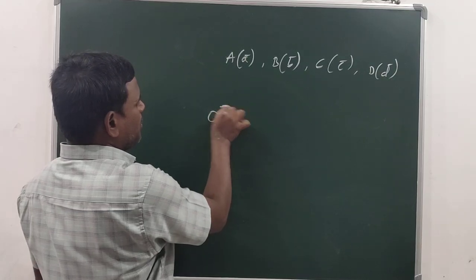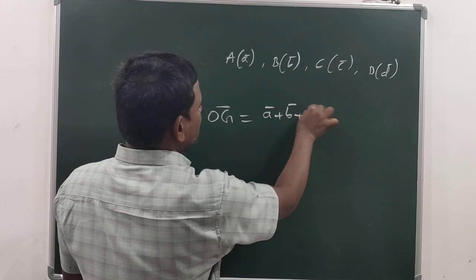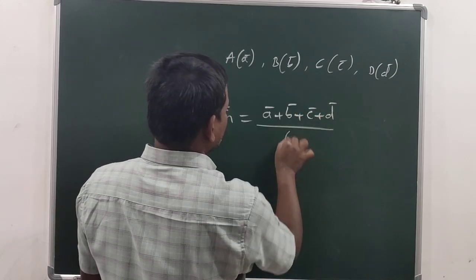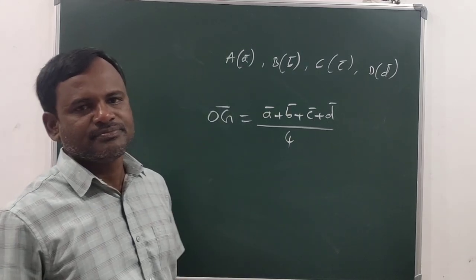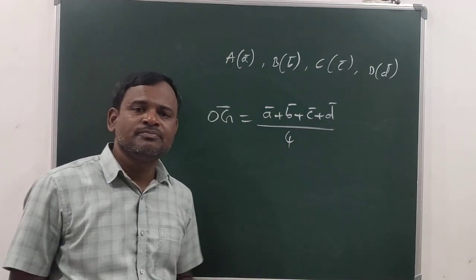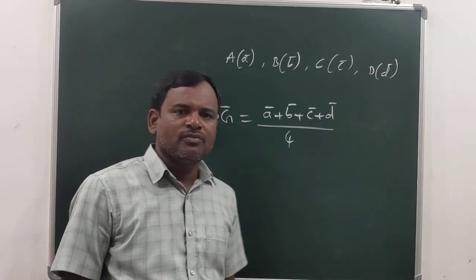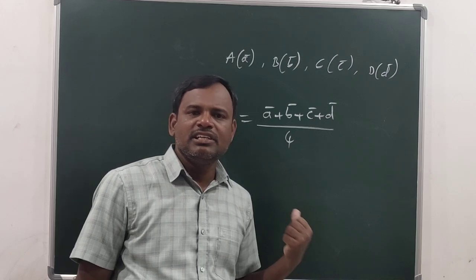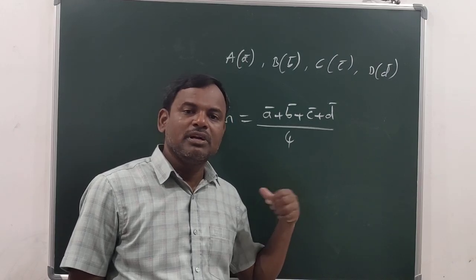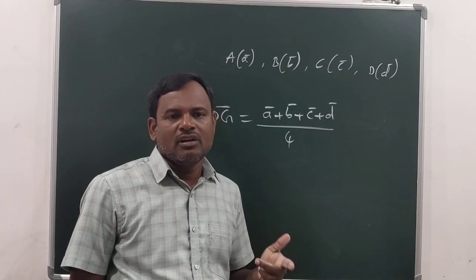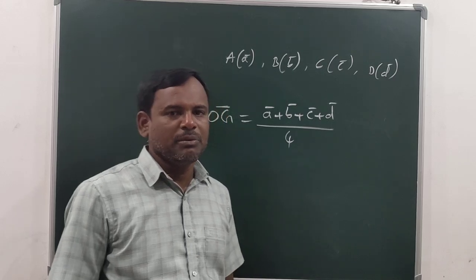So OG bar is equal to A bar plus B bar plus C bar plus D bar by 4. This is the position vector of the centroid of a tetrahedron. The centroid divides each median in the ratio of 3:1 in the tetrahedron, whereas in the triangle, the centroid divides each median in the ratio of 2:1. Remember that point also.